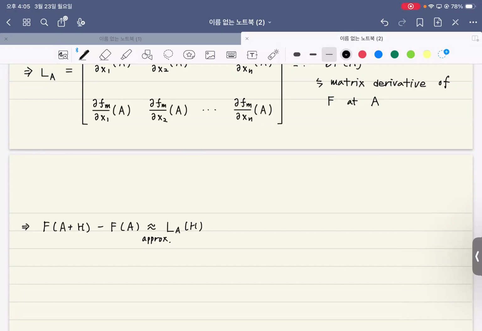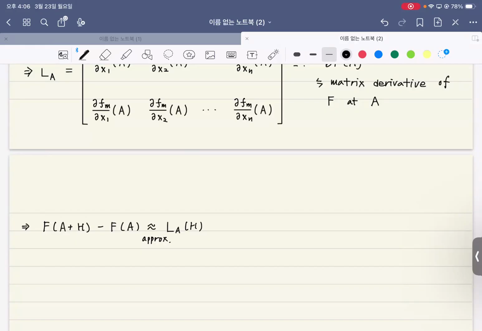Therefore, derivative is mainly used when you want to linearly approximate any function. Derivative is for the linear function, because by its own nature, the derivative is linear.